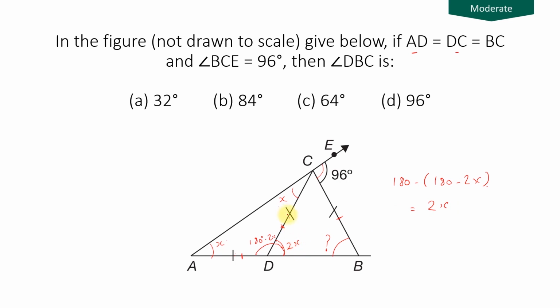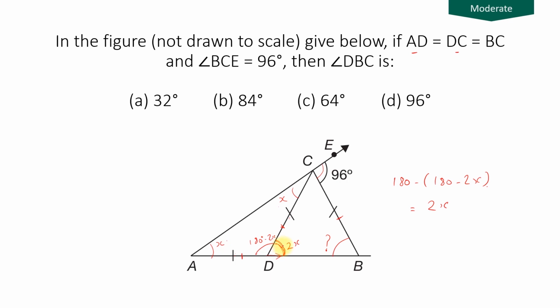Also note here that whenever we have an exterior angle forming on any vertex of a triangle, suppose our original triangle was ACD, and we extend one of the edges at point D, which is going towards point B, now this angle, which we have marked here as 2x, is called an exterior angle of a triangle.